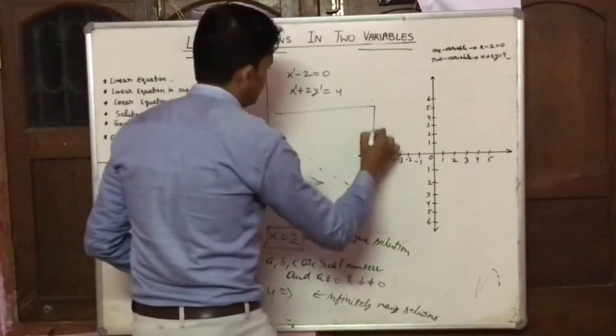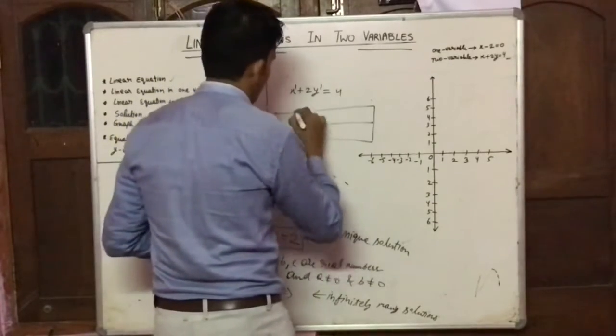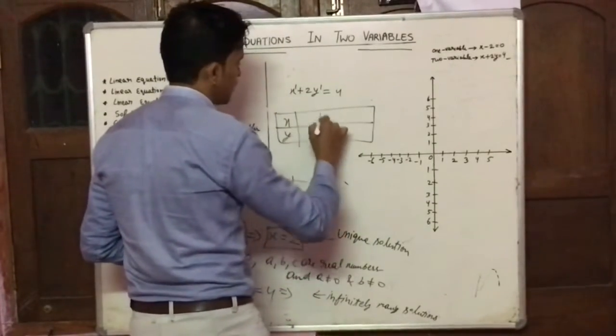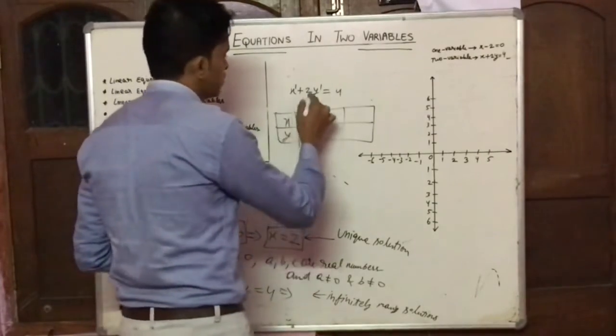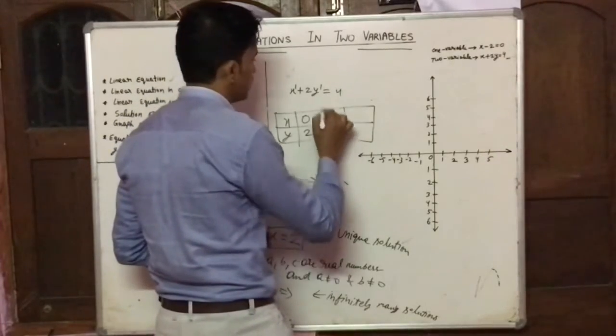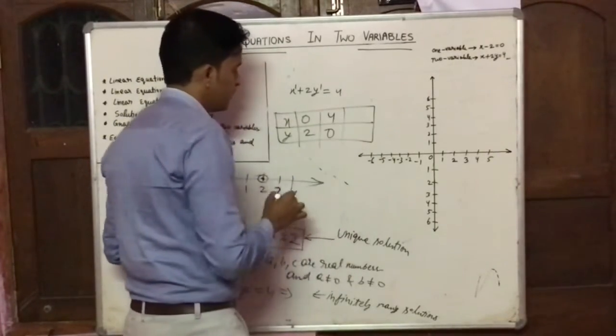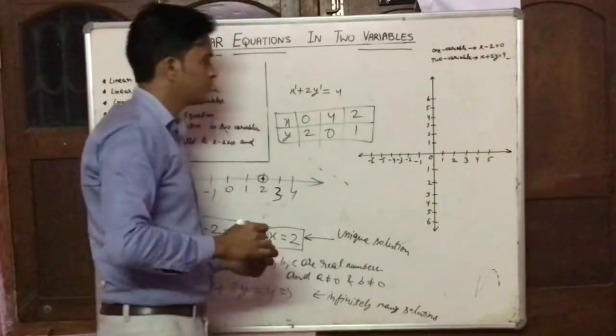For the linear equation in two variables, we plot it in this way. First of all, we draw a table and write x, y. Now if x is equal to 0, then we get y is 2, and if y is equal to 0, then we get x is 4, and if y is equal to 1, then x is equal to 2, right?